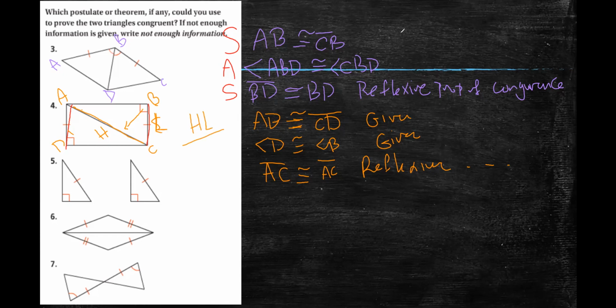Now look at number 5. In number 5 here, we have sides and angles only. So, do you have any information? No. So I will say now for number 5, it's not enough information.